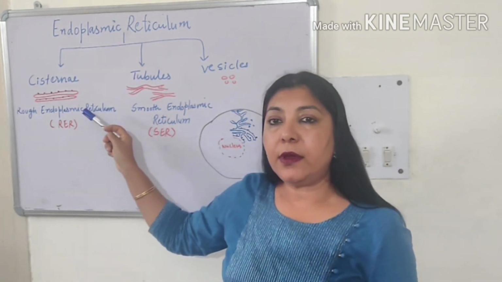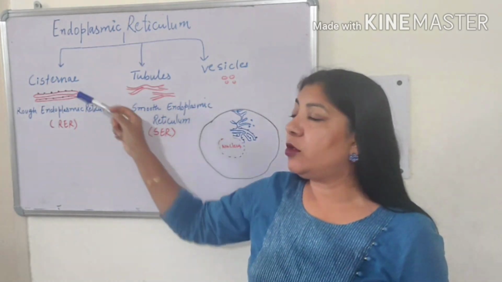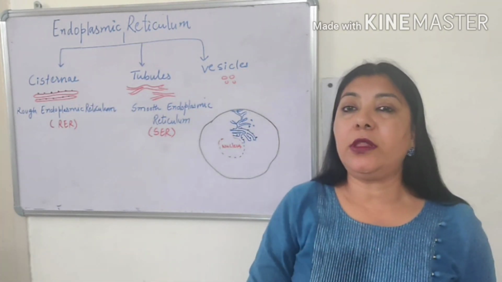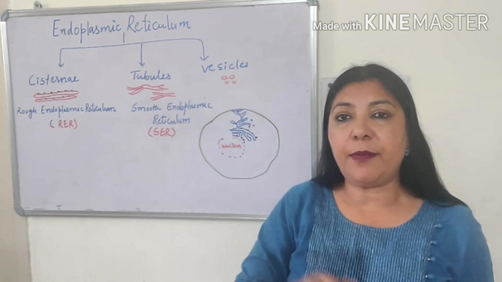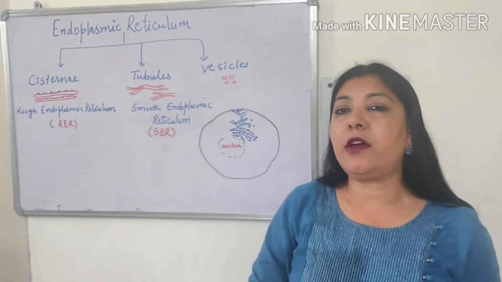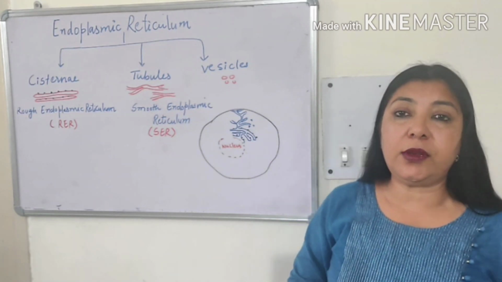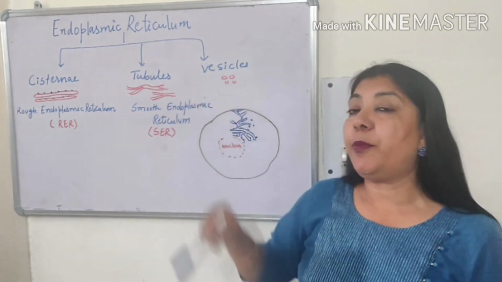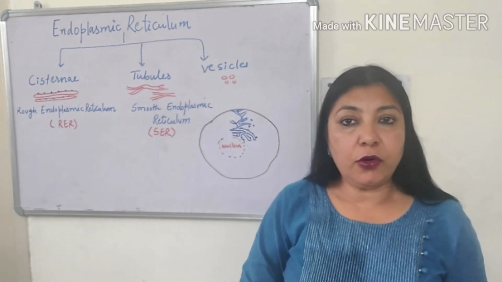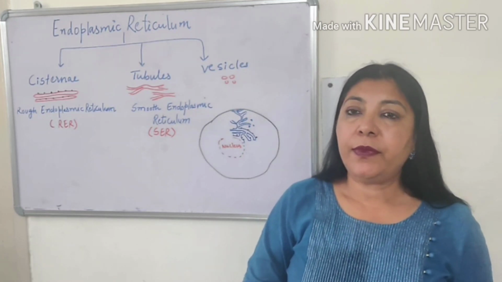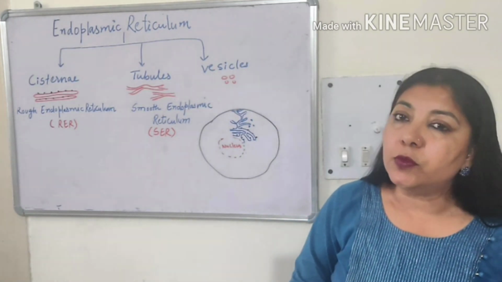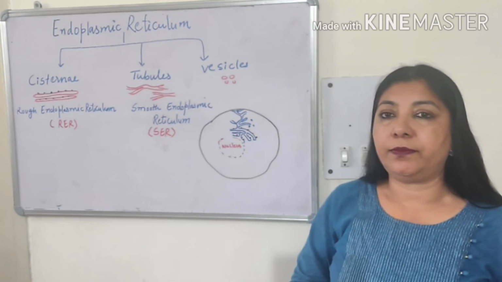Why are they called rough? Only because of the presence of ribosomes on their surface. They give a granular appearance. That's why they are called rough endoplasmic reticulum. Whereas in smooth endoplasmic reticulum, because they are mainly made up of tubules, there are no ribosomes. That's why they are called smooth endoplasmic reticulum.